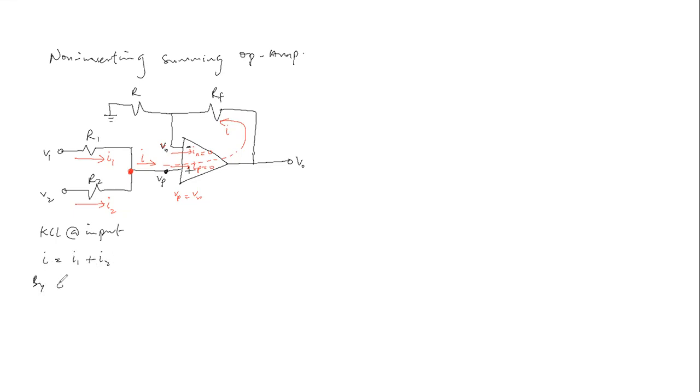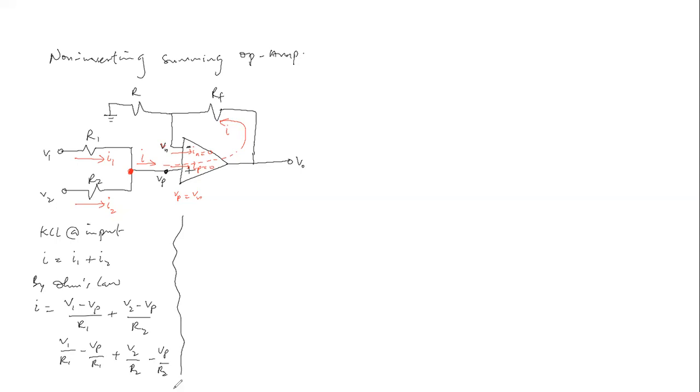And by Ohm's law, we have I to be the same as V sub 1 minus V sub P divided by R1 plus V sub 2 minus V sub P divided by R2. And then this gives us V sub 1 divided by R1 minus V sub P divided by R1 plus V sub 2 divided by R2 minus V sub P divided by R2.